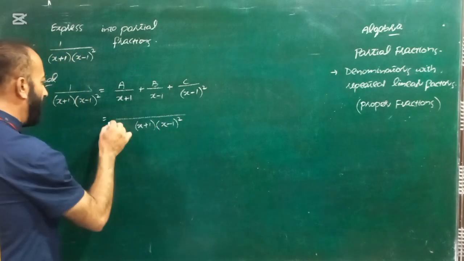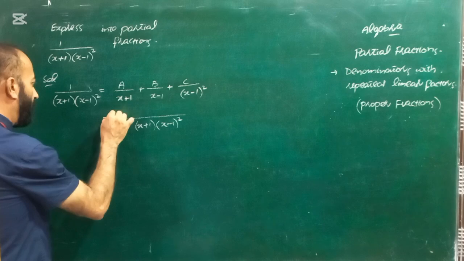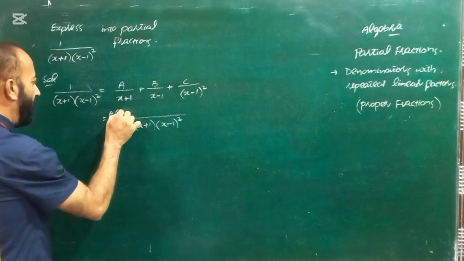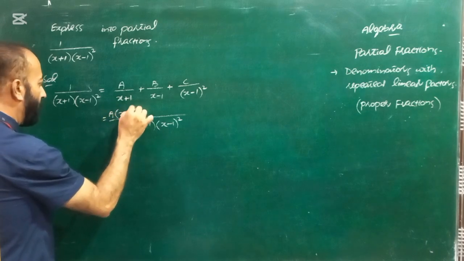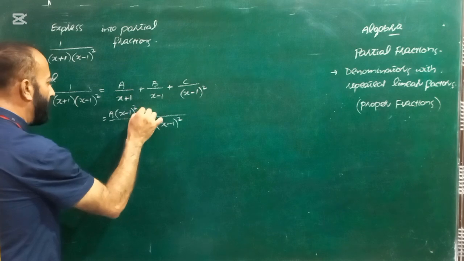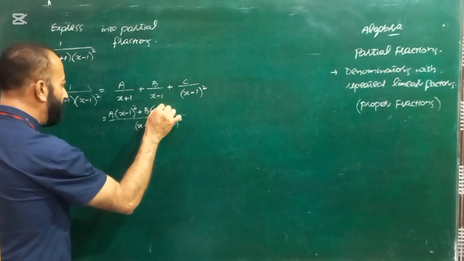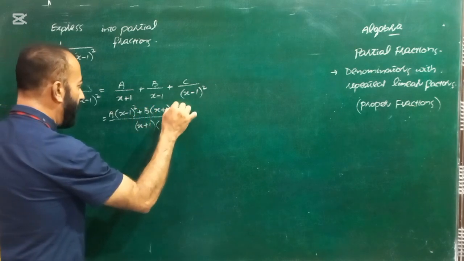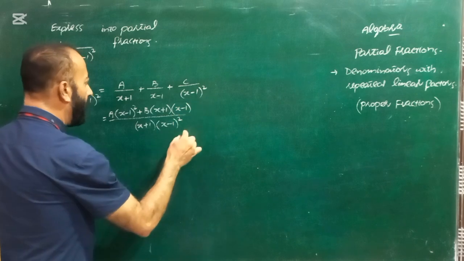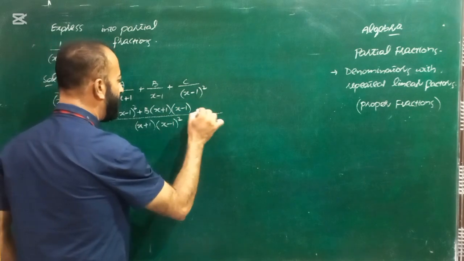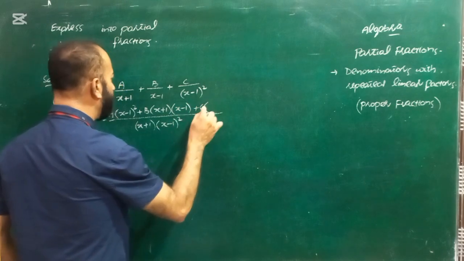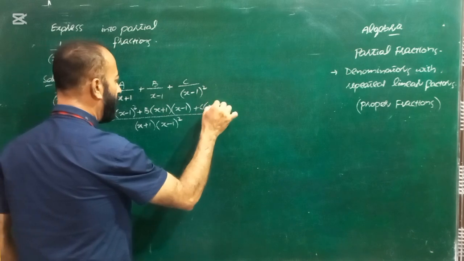So this is the LCM. So here in the numerator, a into x minus 1 whole square plus b into x plus 1 into x minus 1 and plus c into x plus 1.